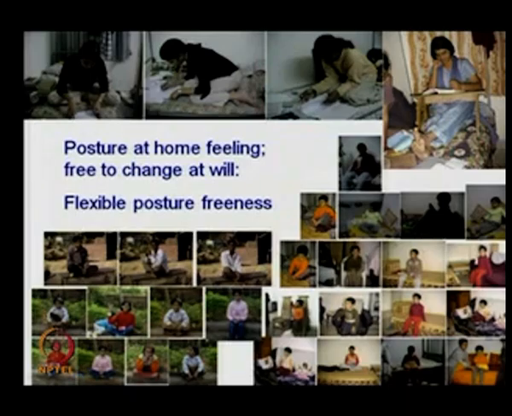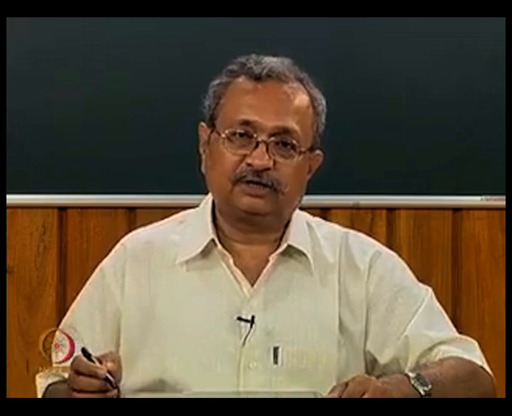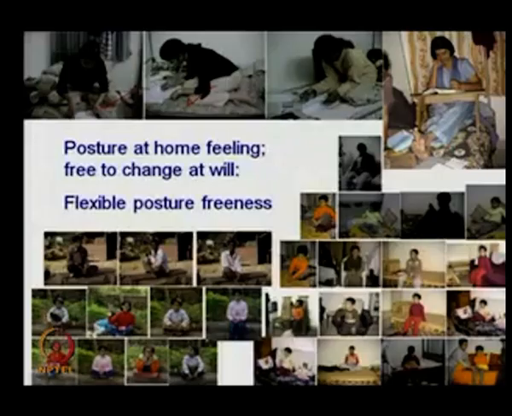Posture at home feeling, like this type of postures, this gives a home feeling that is free to change at own will. So, flexible posture freeness are necessary, and for that what would be the human body dimension if we would like to give a design for this type of activities.